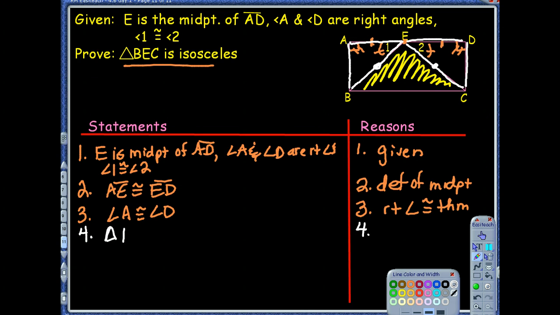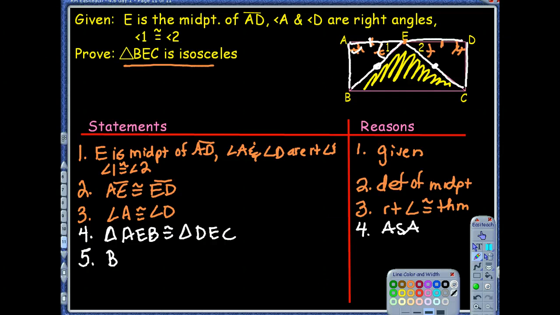So triangle AEB is congruent to triangle DEC. And that right there is angle, side, angle. Now I see it, because now I want to be able to say that those sides are congruent, which I can because of CPCTC.